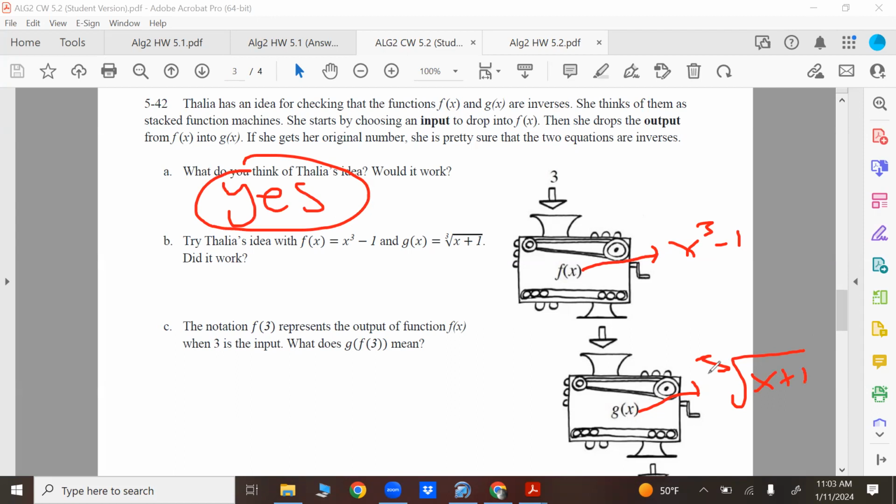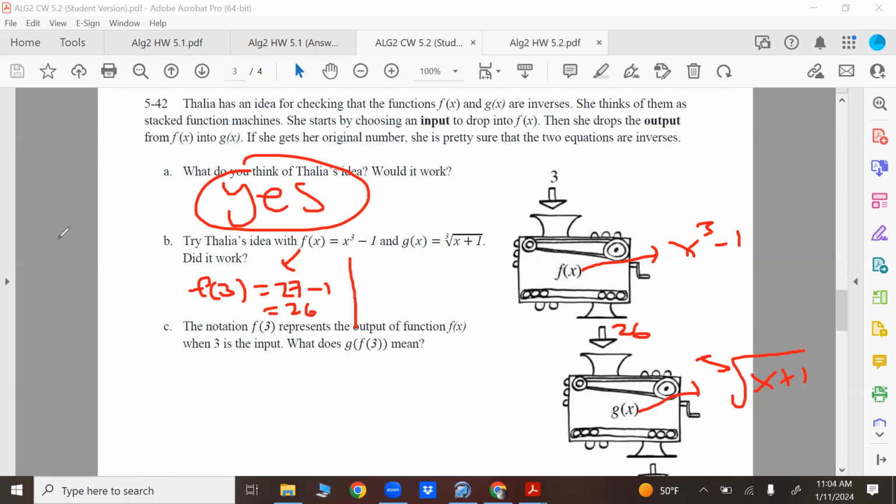So let's plug in 3 into the first function machine. If you plug in 3 here, what do you get? Negative 1. It's 26.